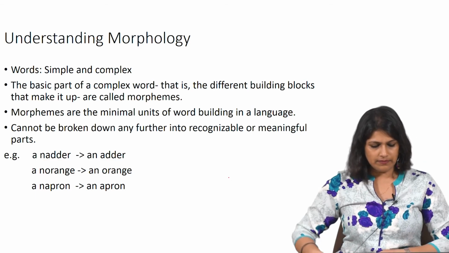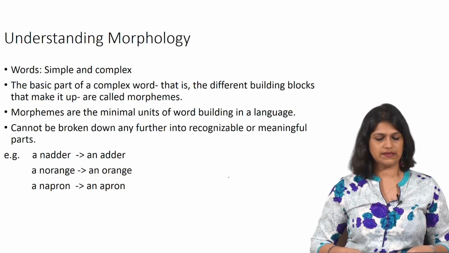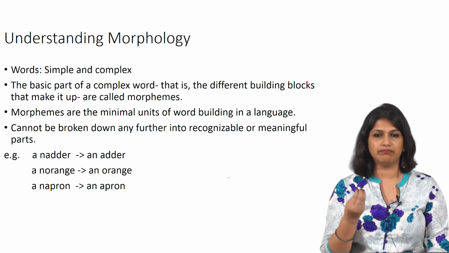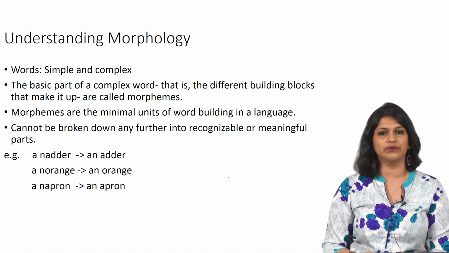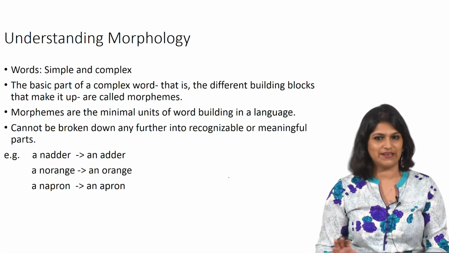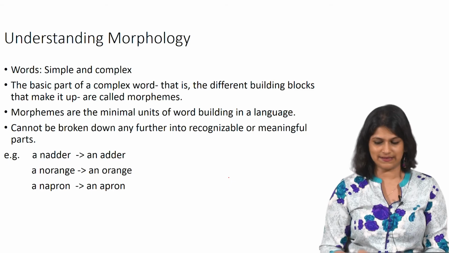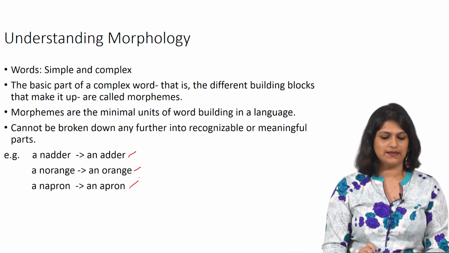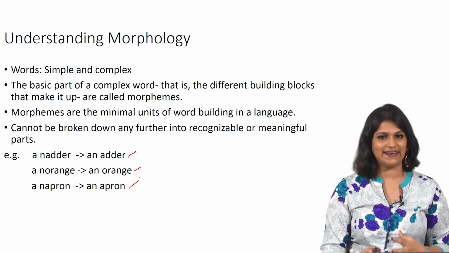So, this is what I discussed. If you refer to point number 3, I just said it is a minimal unit, so it cannot be broken down any further into any recognizable or meaningful parts. Let us compare this, this and this. When you say "a nadder", it is actually "an adder".